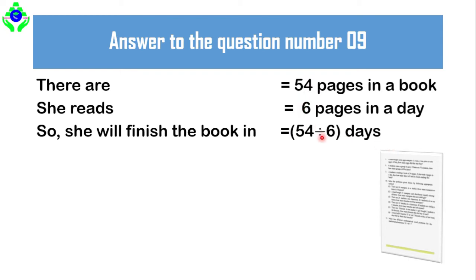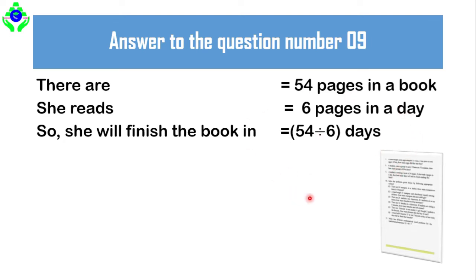Why do we write a division sign here? Because to solve this question you need to apply the concept of division. That means 54 divided by 6 days are needed to finish the whole book.